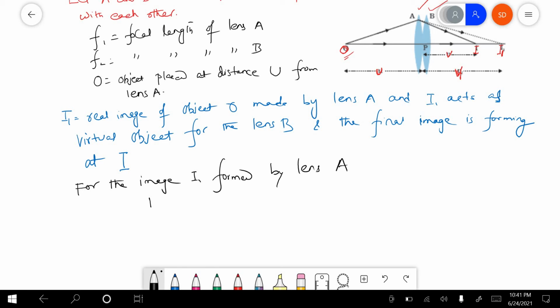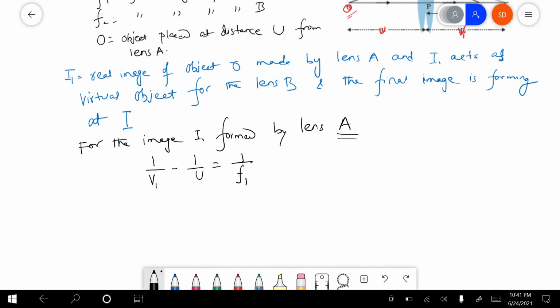The lens formula: 1 by v1, where v1 is the image distance, minus 1 by u is equal to 1 by f1. Since this is for lens A, the image distance is v1, since the image is I1. This is equation number 1.